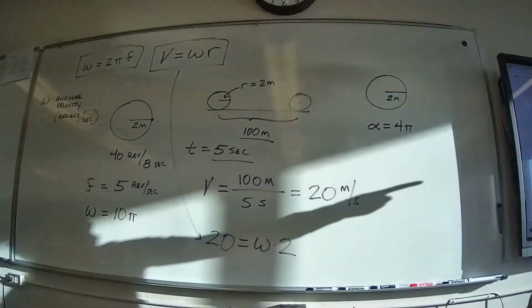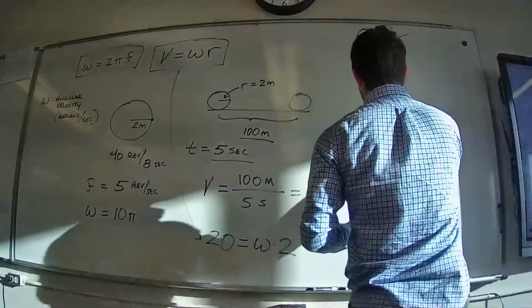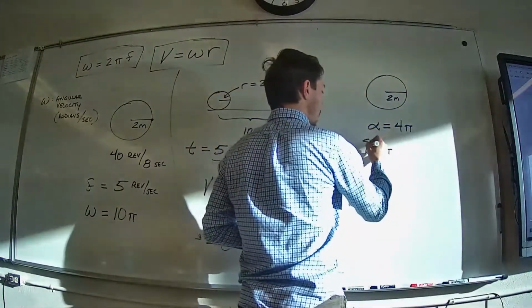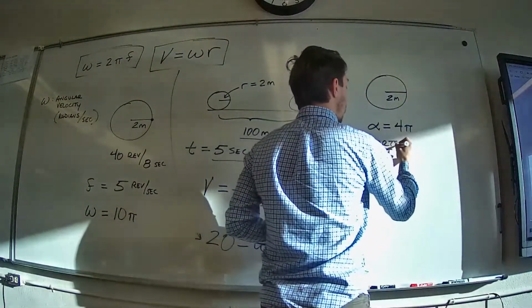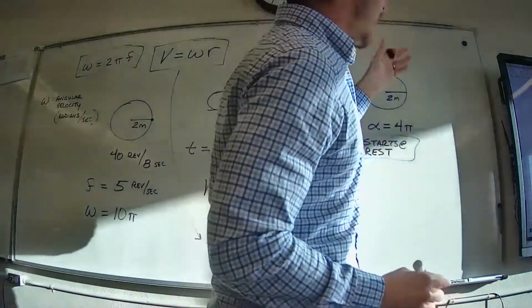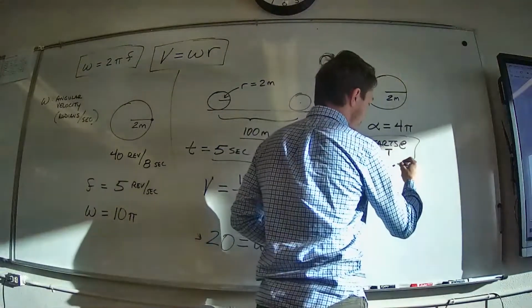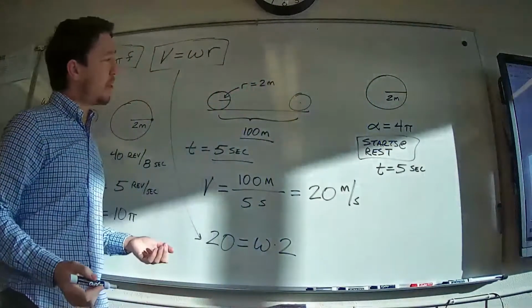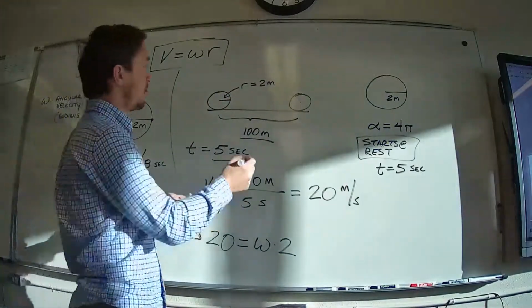And it experiences this acceleration. So it goes from rest, starts at rest, and it experiences this acceleration for 5 seconds. Now, is there a formula you could use for this? Yeah.